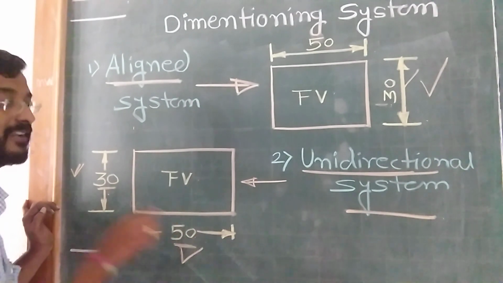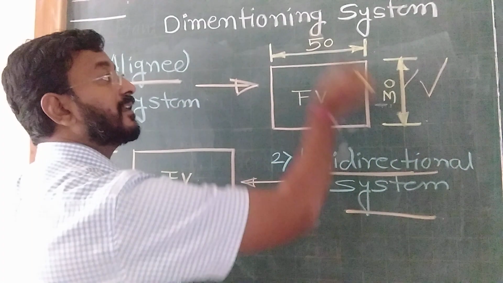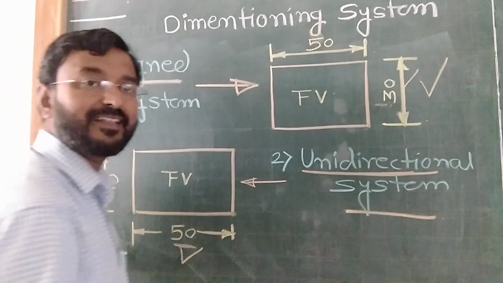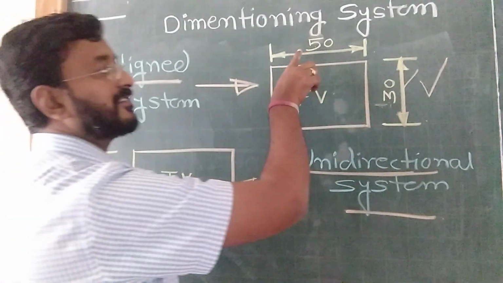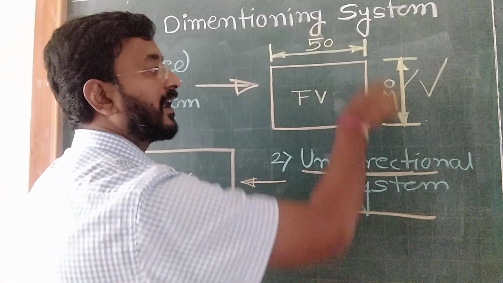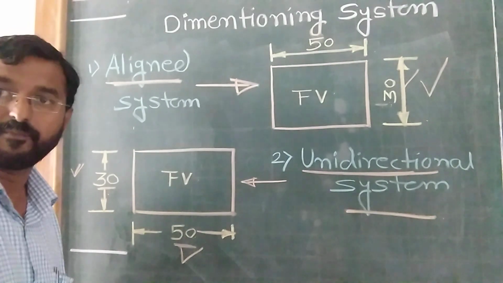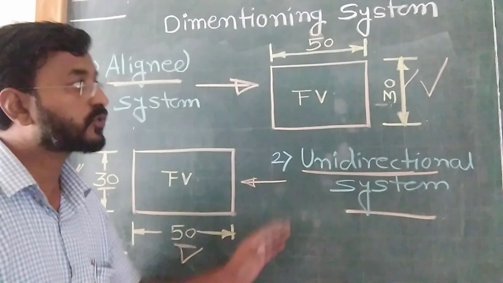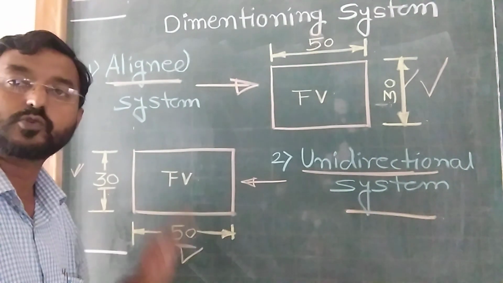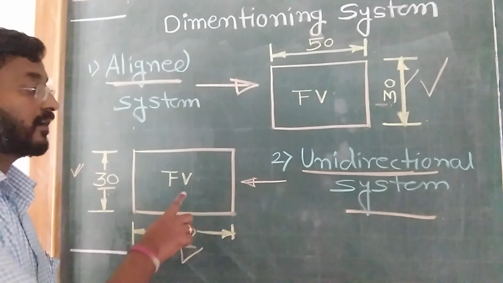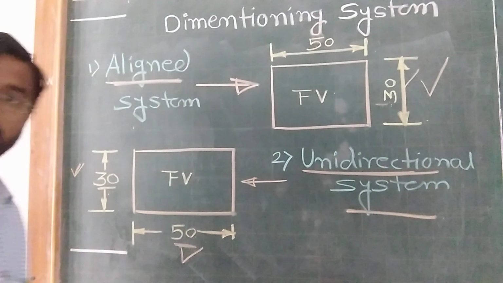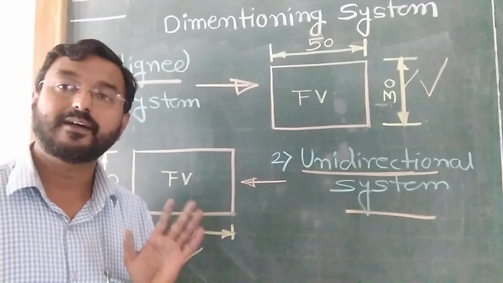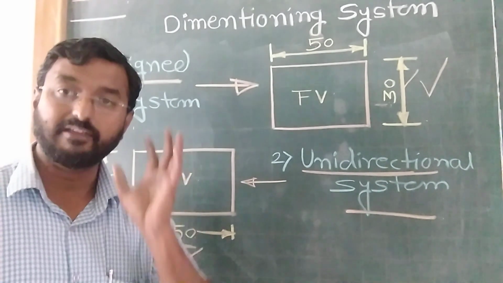That's why we call it unidirectional. Here the digits and numbers are placed horizontally for both. So either we follow the unidirectional or the aligned system while giving the dimensioning to any figure.